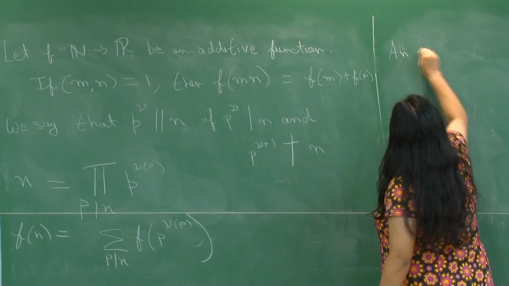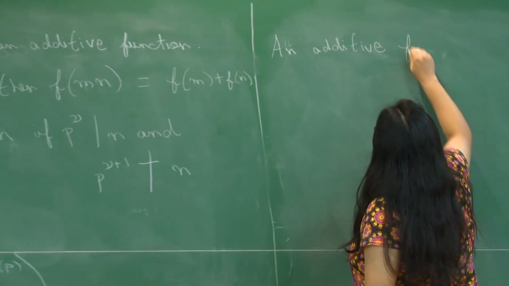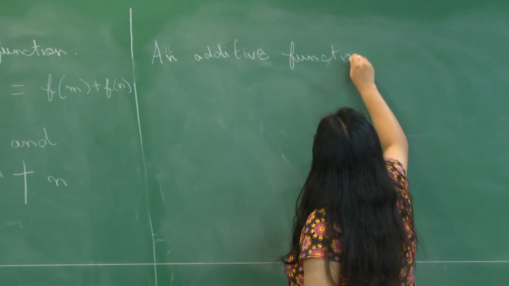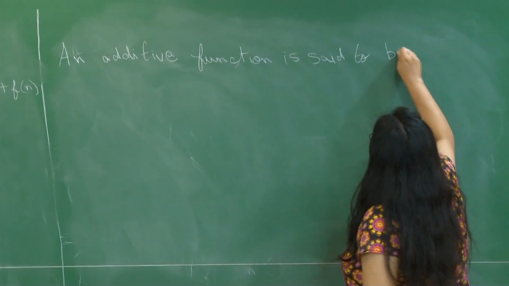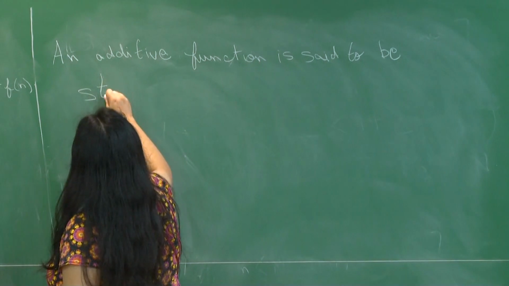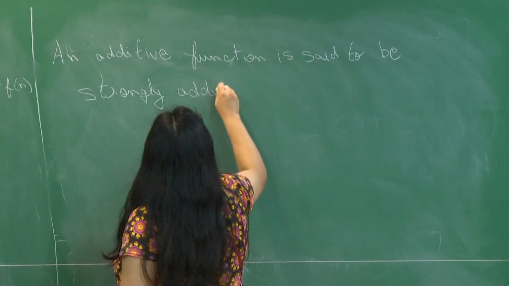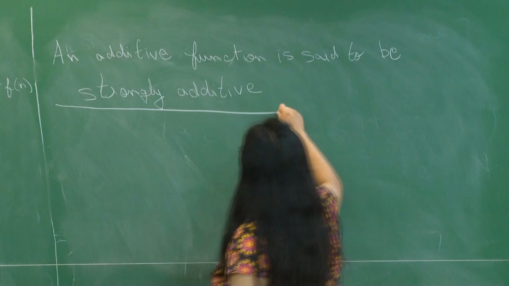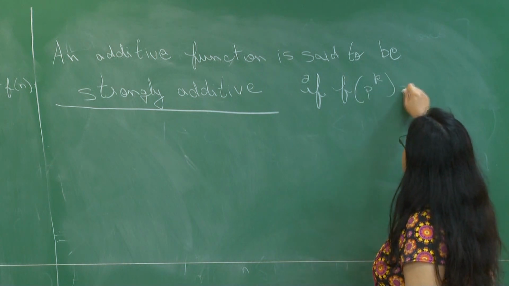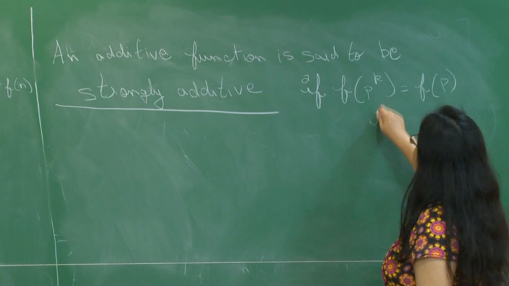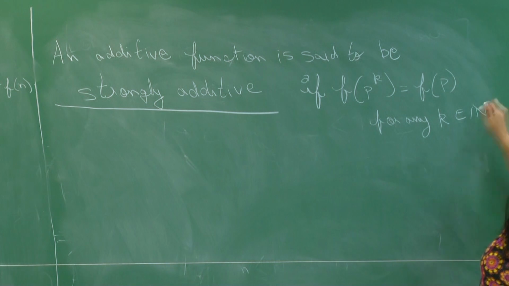So, an additive function is said to be strongly additive if f of p raised to the k is equal to f of p for any natural number k.